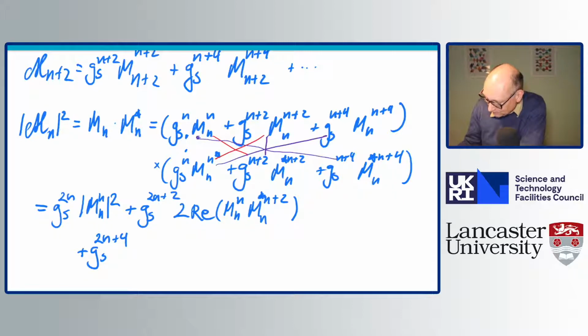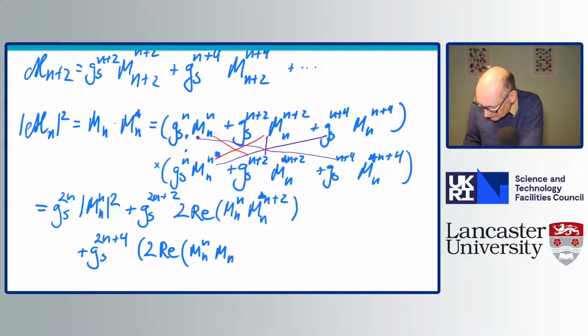So again, I think we get twice the real part of M_n^n times M_n^(n+4) complex conjugated.